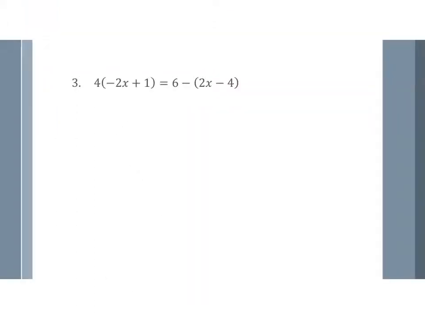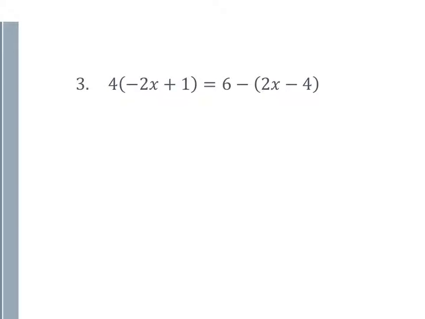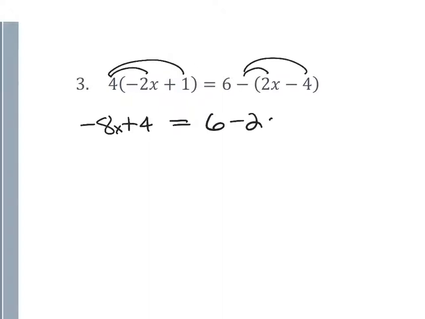Next one. No fractions here, we're just going to distribute. So the 4 to the -2, -8, 4 to the 1, drop down the 6, distribute the negative sign, and now combine like terms.